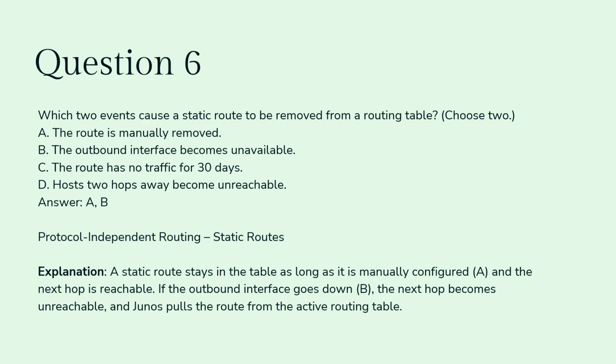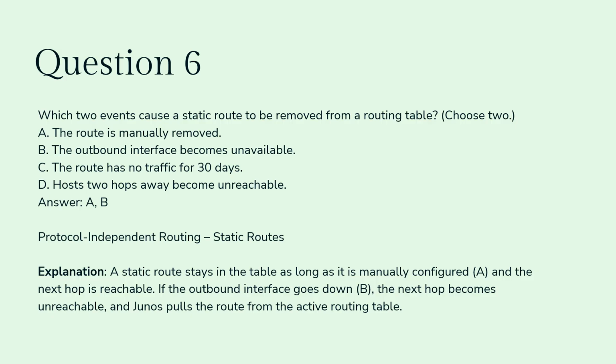Answer: A, B. Protocol-independent routing, static routes. Explanation: a static route stays in the table as long as it is manually configured, A, and the next hop is reachable. If the outbound interface goes down, B, the next hop becomes unreachable, and Junos pulls the route from the active routing table.